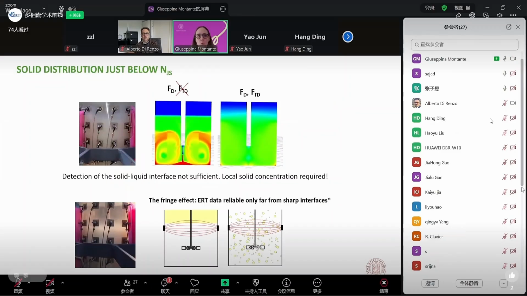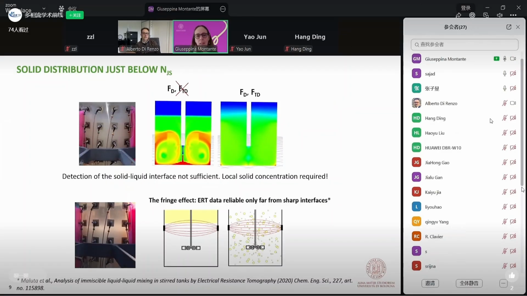Now I'll show you a few comparisons with the experiments, to provide the idea of the capability of our model to catch the features of this two-phase flow.